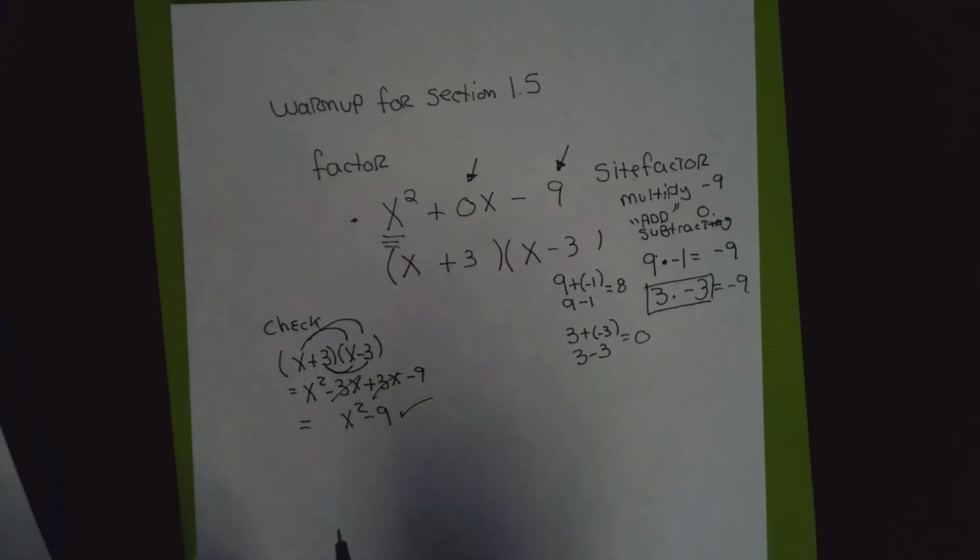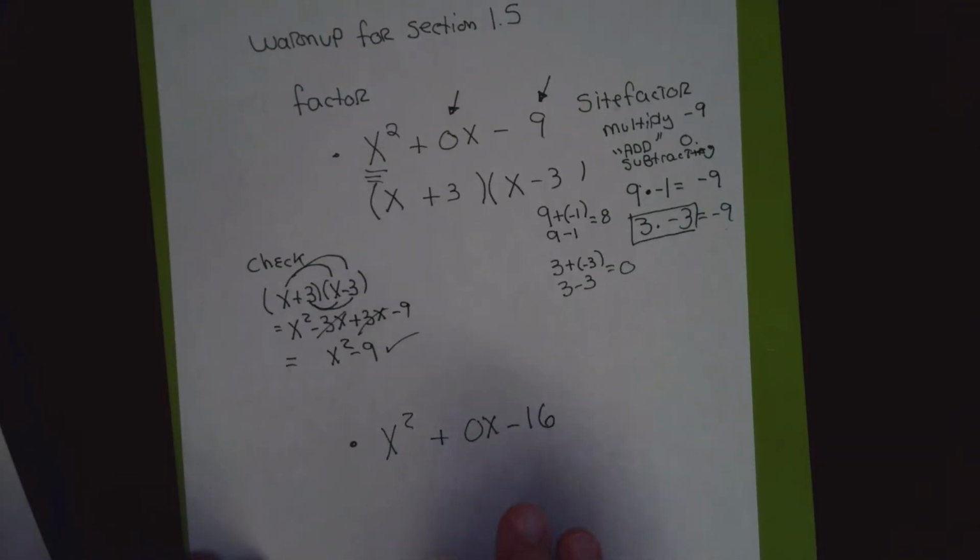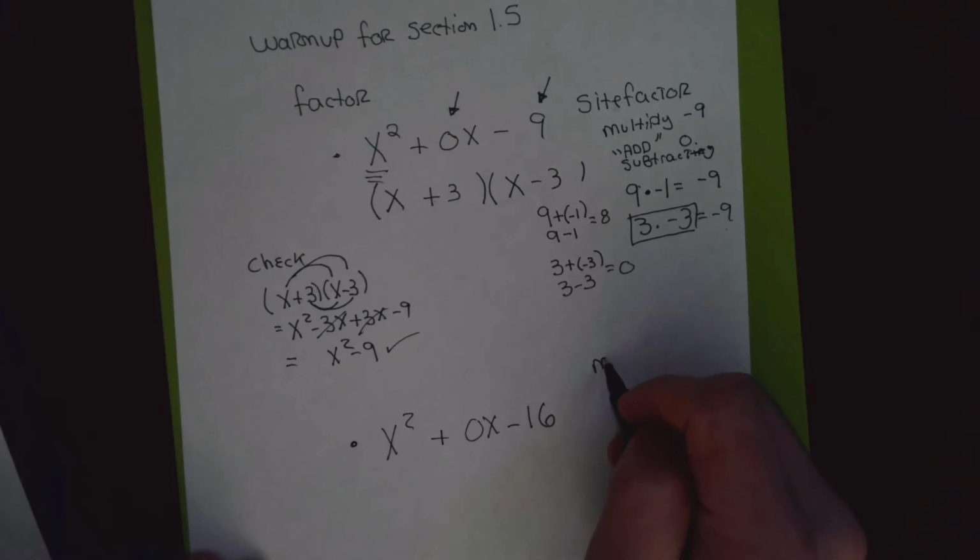Let me do one more like this. Let me factor x squared plus 0x minus 16. Similarly, it's a trinomial. There's not a number in front of the squared term, so I can sight factor and not have to worry about grouping. Very specifically, I'm going to create my two parentheses.